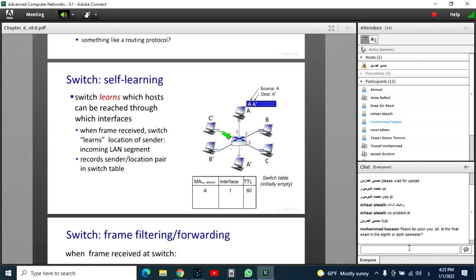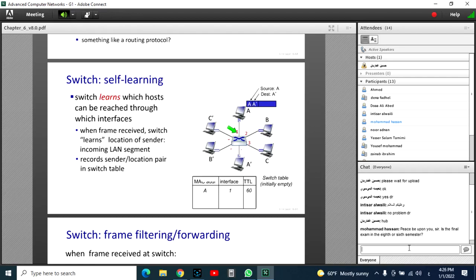But if there is no knowledge about those destinations, the switch acts like a hub. It will broadcast the received frame over the rest of the interfaces, over all of those other interfaces.